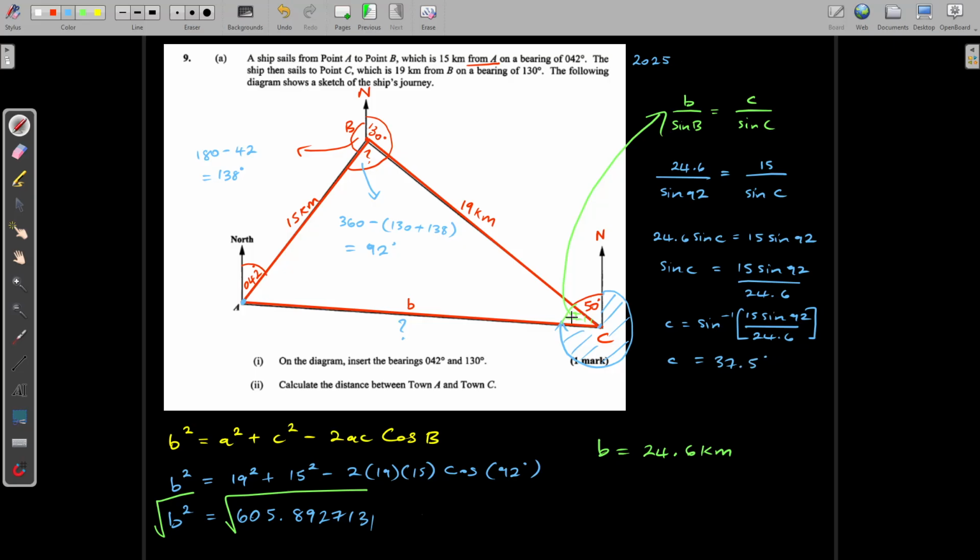So if this green piece inside here is 37.5, and this is 50, how do we get this entire blue piece out here? Add them and then subtract from 360. So the bearing of A from C is equal to 360 subtract 50 plus 37.5, and what does that give us?